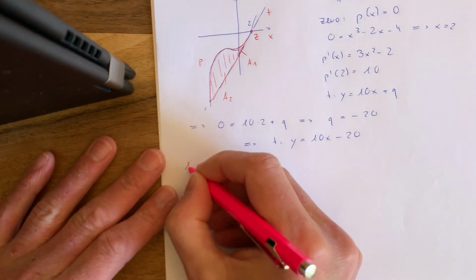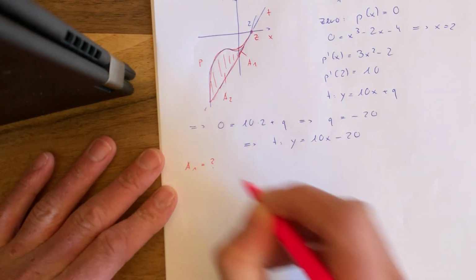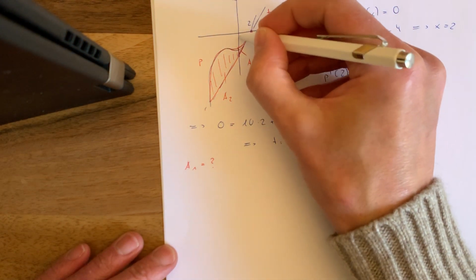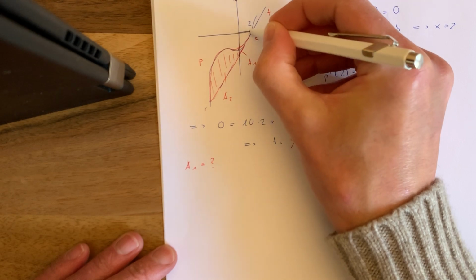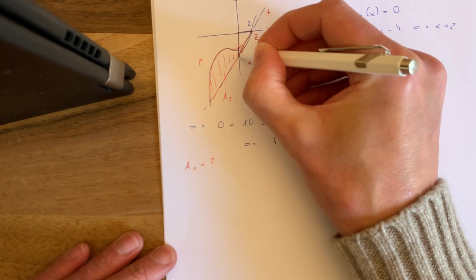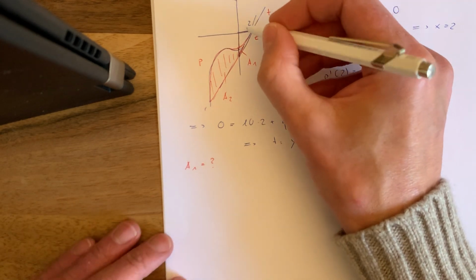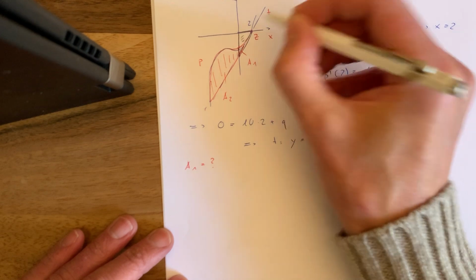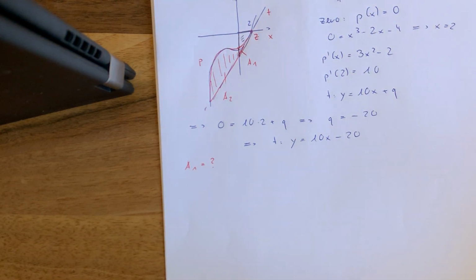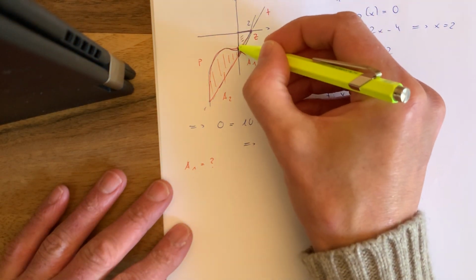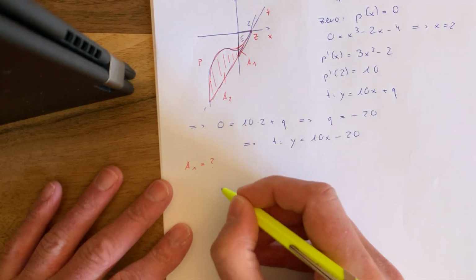And we are going to start with area A1. Okay, so here the approach shouldn't be a big problem. So look at A1. A1 is here. How are we going to calculate A1? Well, of course, we take the triangle here, and then we take the triangle minus this upper part here, and that upper part can be calculated with the help of an integral, of course, because this here is an area between a curve and the x-axis.